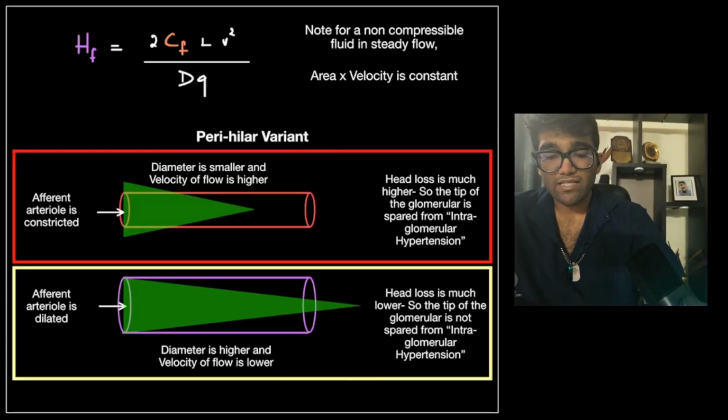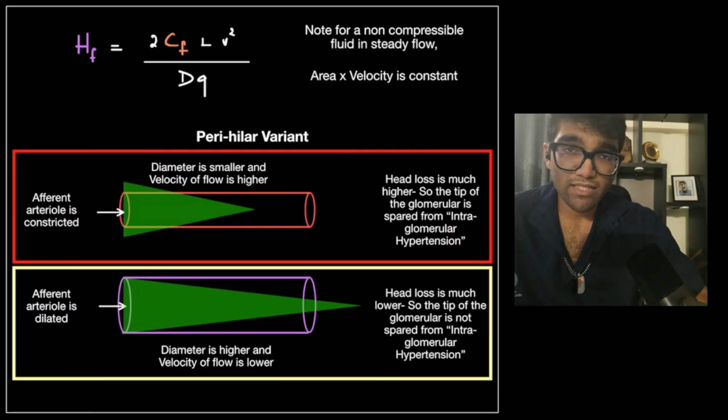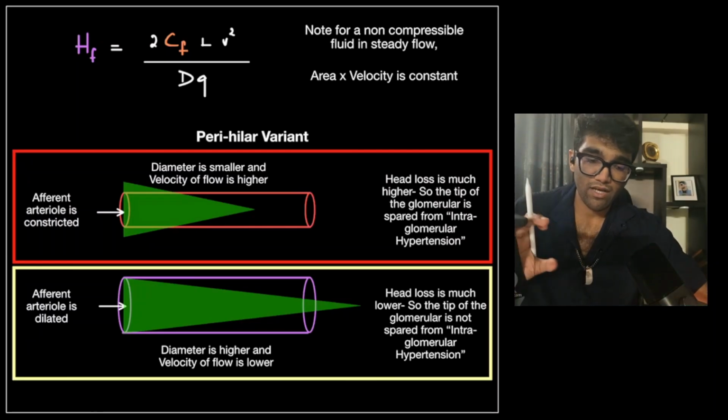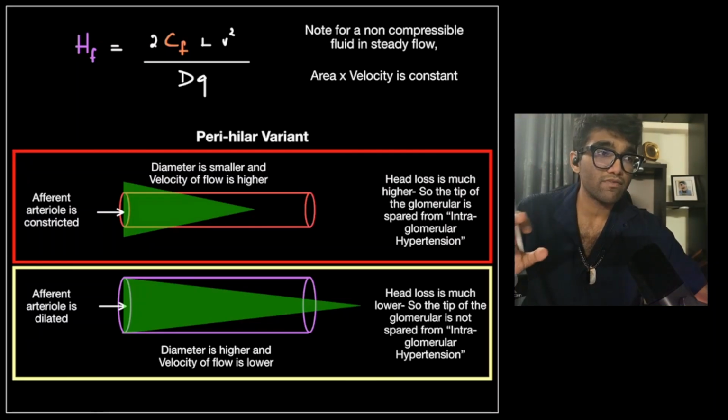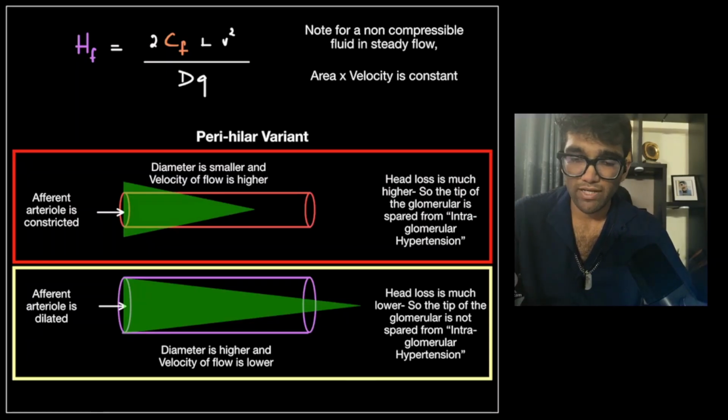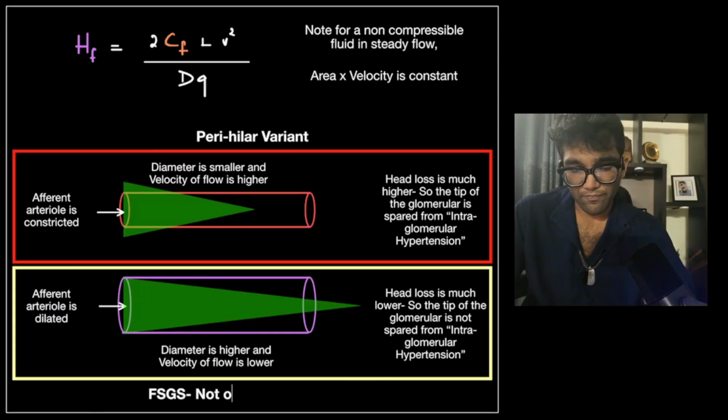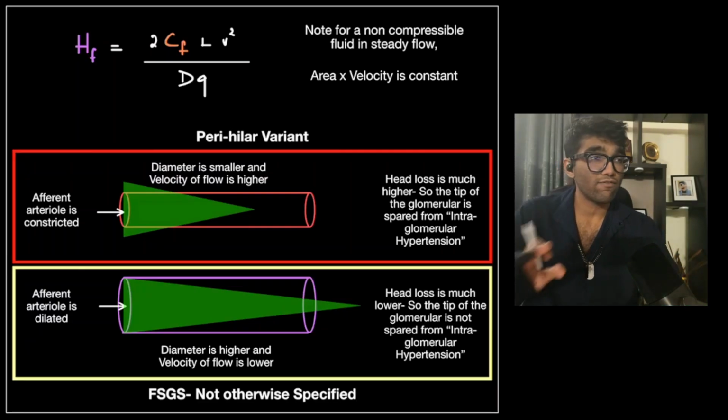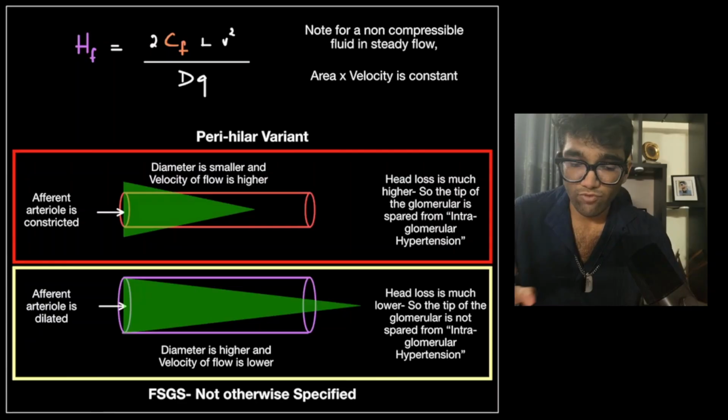Whereas if there is a tip variant, it means that the proximal most part of the afferent arteriole is actually capable of dilating, which means that the glomerular capillary bed is reasonably healthy structurally. It is just a temporary rise in the pressures that has resulted in this. Now FSGS not otherwise specified is essentially just an extension of your perihilar capillary variant involving the entire glomerulus.